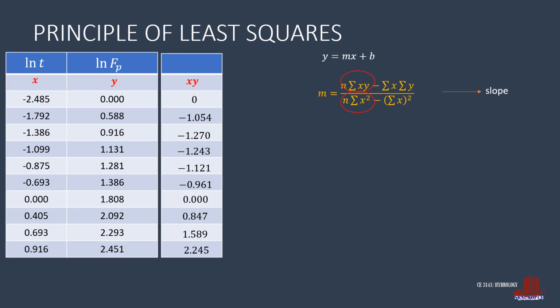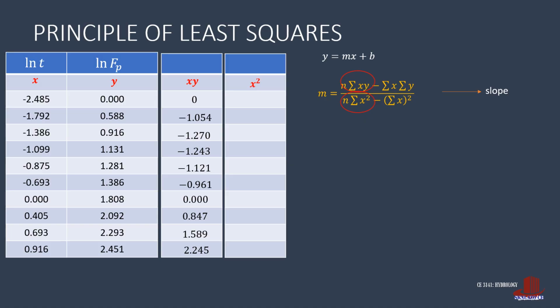From the denominator, we also need to look for the summation of x squared. So add another column for x squared, where the first input is the square of negative 2.485, being 6.175.